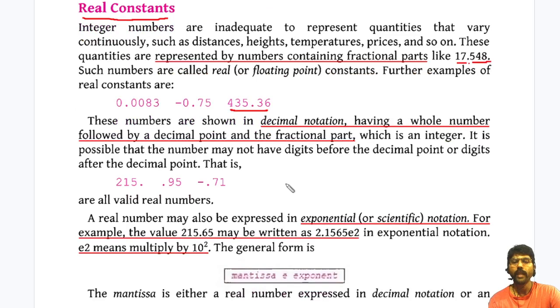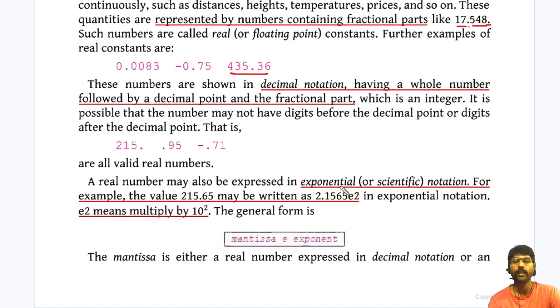One more form is called exponential or scientific notation. The same number, 215.65 in decimal notation, can be converted into exponential notation this way: 2.1565 E 2. This is called scientific notation. E means 10 raised to 2. This value is multiplied by 10 raised to 2.